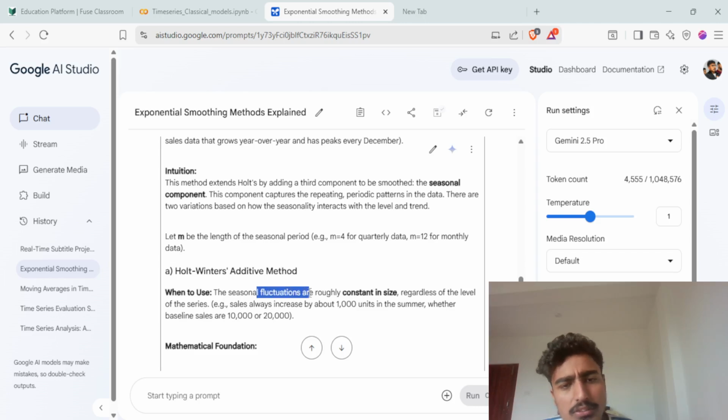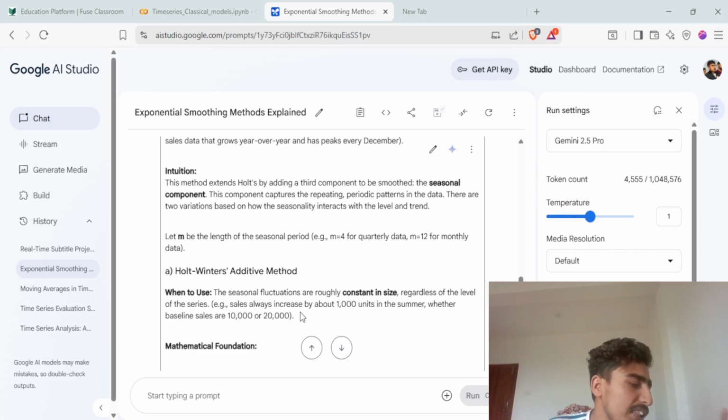Use the additive model when seasonal fluctuations are roughly constant in size. Roughly constant in size means your seasonal values fluctuate over time by an equal amount. If your amplitude at time t is 1, then at time t plus n the amplitude would be the same, that is 1.